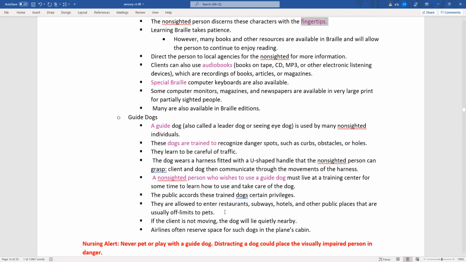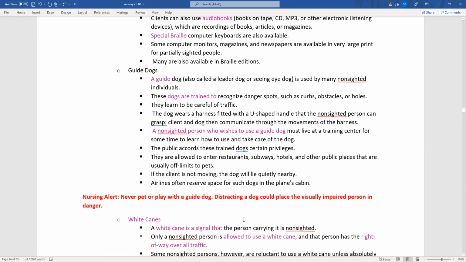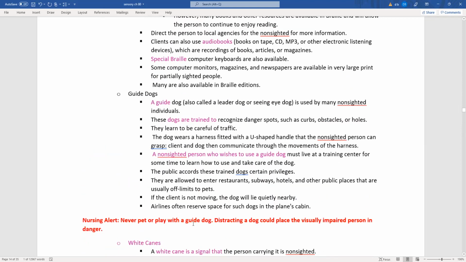These trained dogs are allowed in public places, so they're allowed in restaurants, subways, hotels, and airplanes have a place for them. If the client is not moving, the dog will just sit there quietly. But this is the thing right here: if you see somebody with a guide dog, don't go touch on that guide dog.